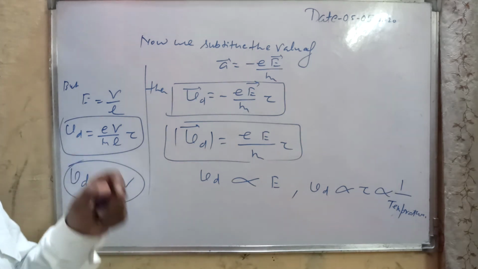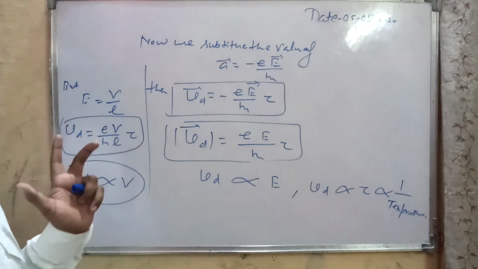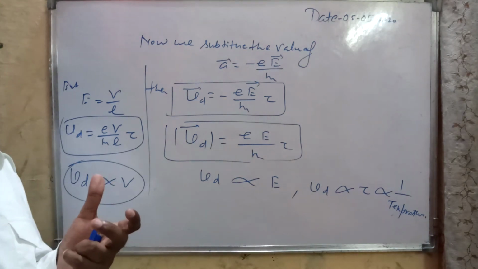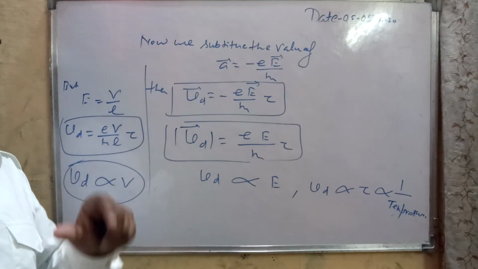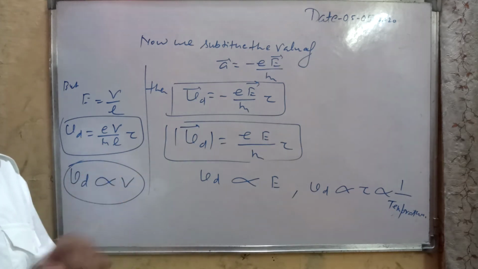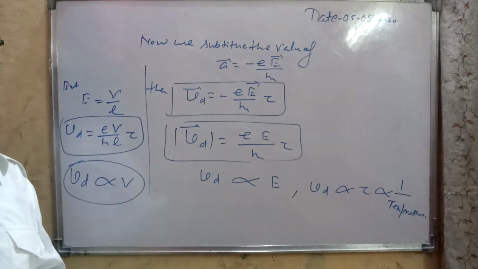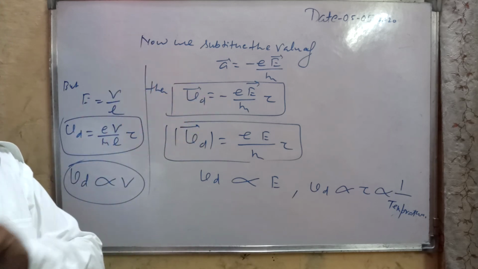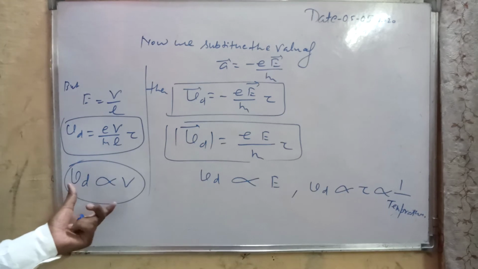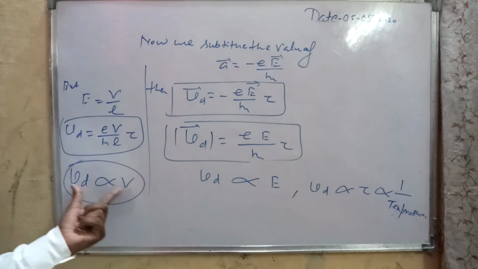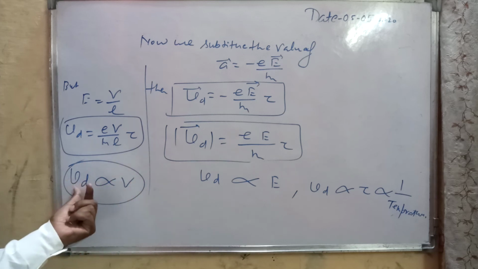This is the concept of free electron theory of conductors. According to free electron theory of conductors, electric current flows in a conductor due to the drift velocity of free electrons, and the drift velocity is gained by the electrons when there is a potential applied across the conductor. So we found drift velocity is directly proportional to applied potential. If potential increases, drift velocity increases.